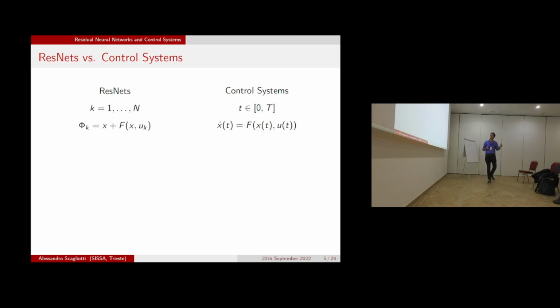Moreover, the key ingredient of the ResNet, as we have already said, is the layers, the elementary mappings, which have the form that we have already described, while in the control system, the key ingredient is the controlled or parametric dynamical model. In the ResNet, for each layer, we have to specify the values of the parameters, and essentially, in the control system, for each instant, we have to specify the value of the controller.